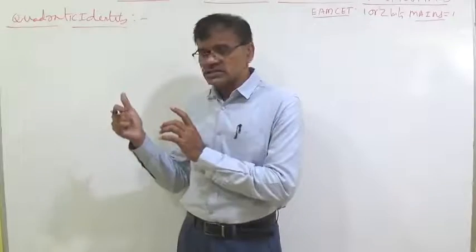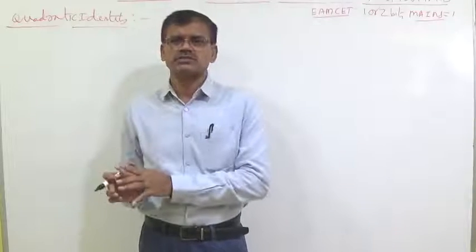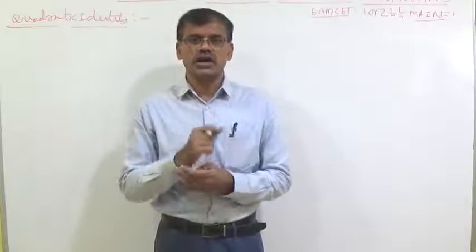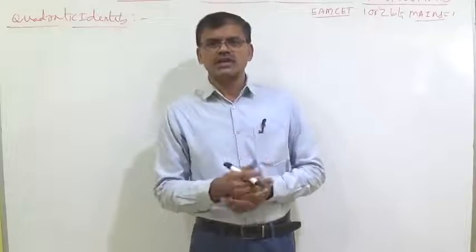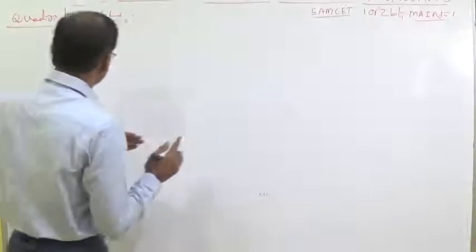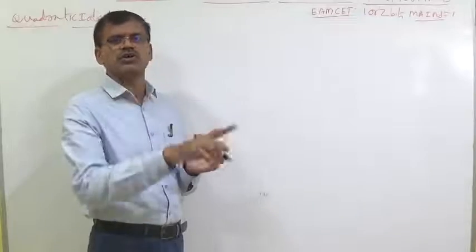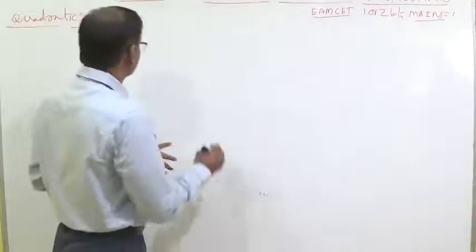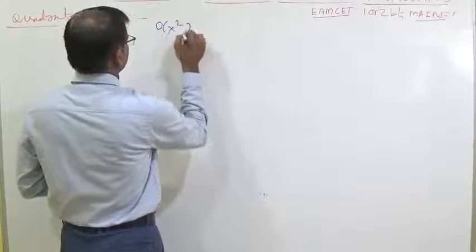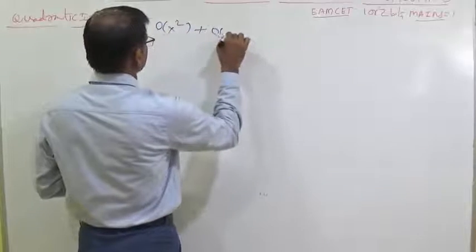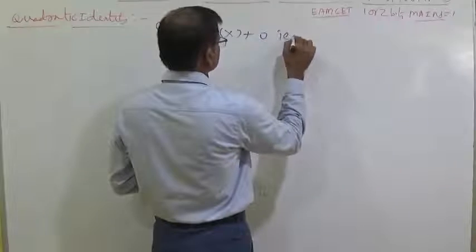Now ax square plus bx plus c is the expression. You should get the same expression ax square plus bx plus c. Then what should you add? Simply 0 only. But you should understand that 0 into x square plus 0 into x plus 0 is called the quadratic identity. 0 into x square plus 0 into x plus 0, that is nothing but 0.